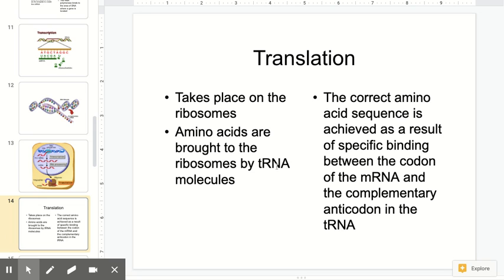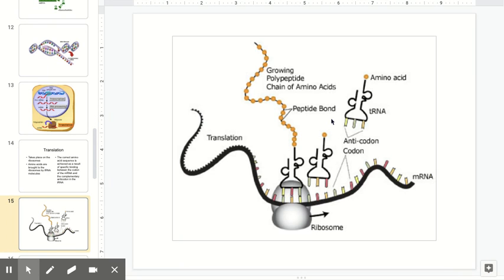Okay, so tRNA, little person, carries with it an amino acid. And the amino acid order or sequence is very important. And that sequence or order is determined by the order of the mRNA. Okay, that determines how the tRNA is going to bind and what amino acid gets carried along.